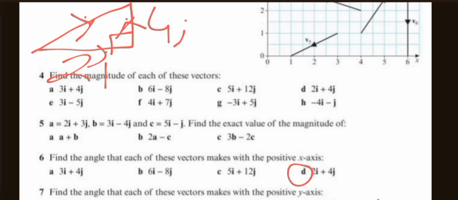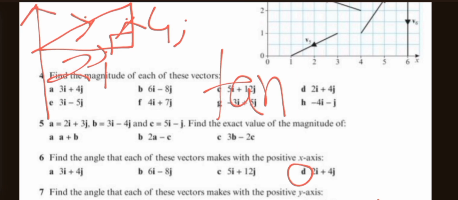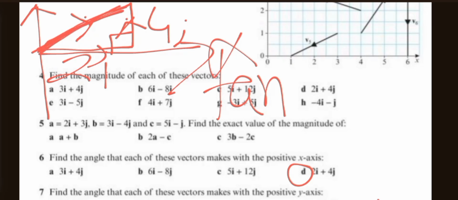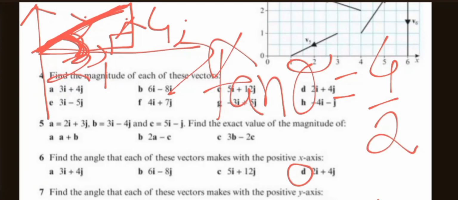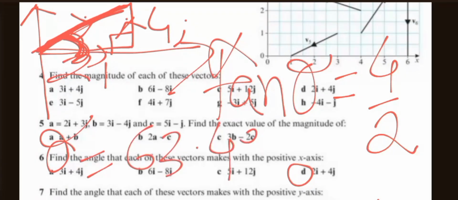Now we are going to use tan. The angle it makes with the x-axis. This is the sum of the vector, and this is the angle it makes with the x-axis. So tan theta is 4/2. So theta is 63.4 degrees.